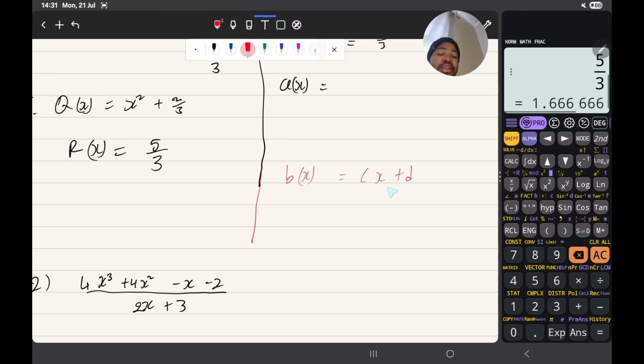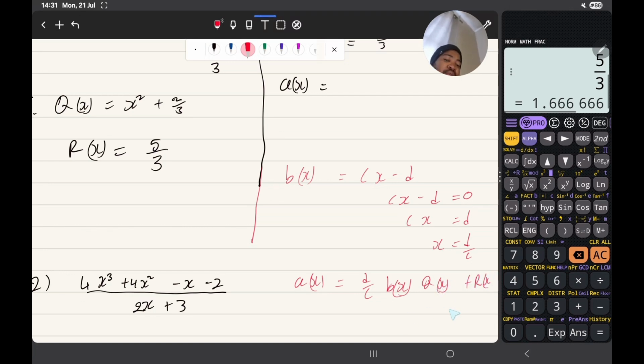So when you're solving here, you say cx plus d equals 0, let me make it minus, so you have cx equals d, and then x equals d over c. So when you write it, a of x equals d over c times q of x plus your remainder, right?